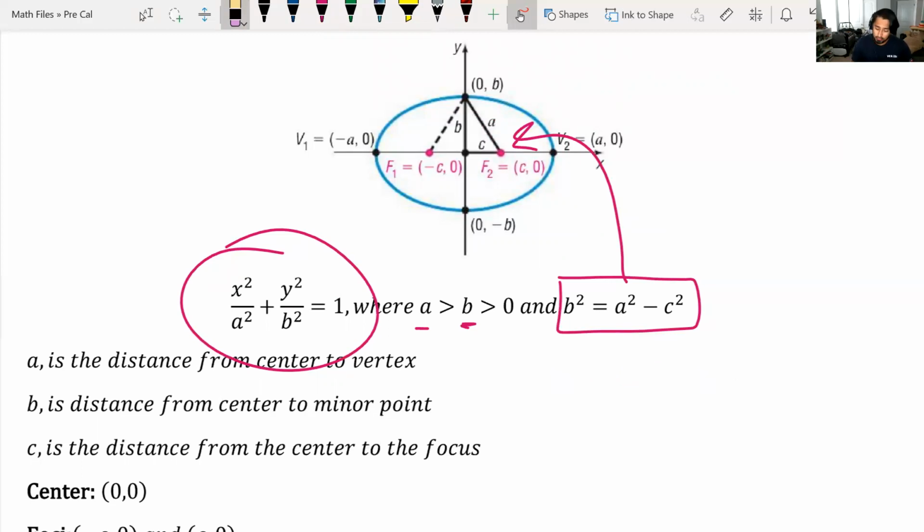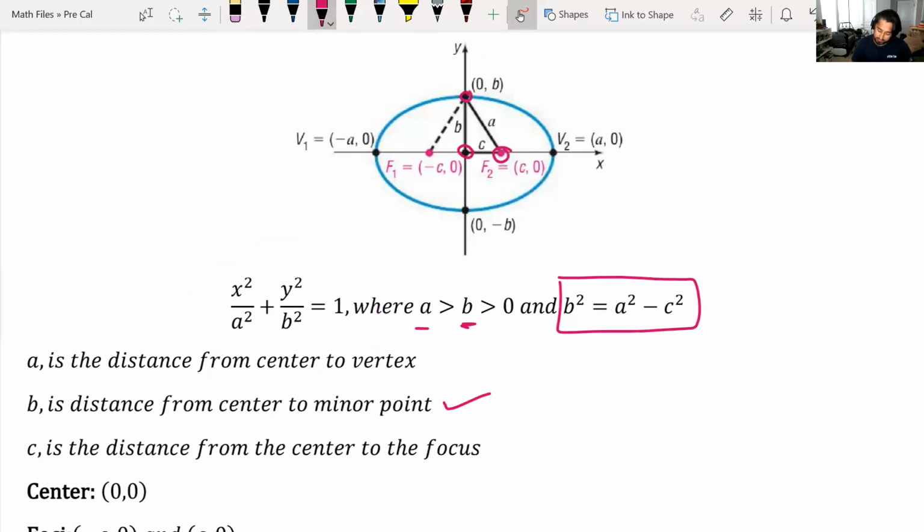Going over that, we see that the distance from the center to the minor point is represented by b. So b is the distance from the center to the minor point. Then the distance from the center to the focus is represented by c.